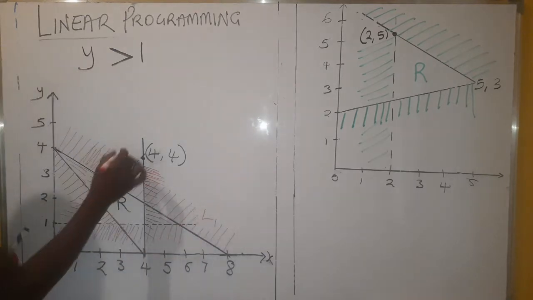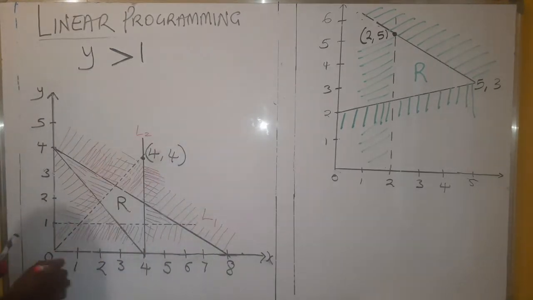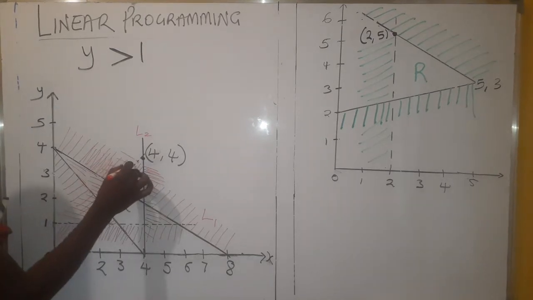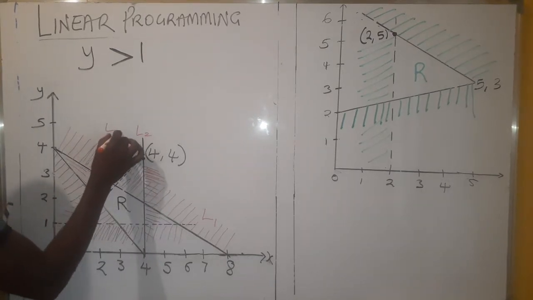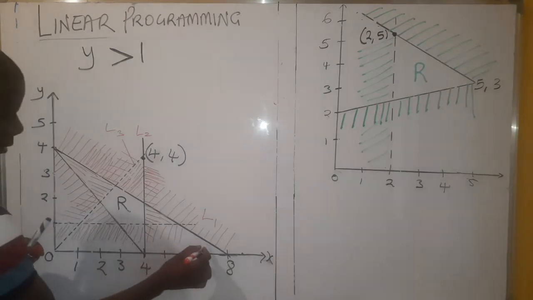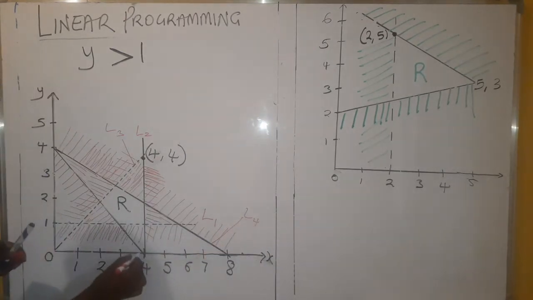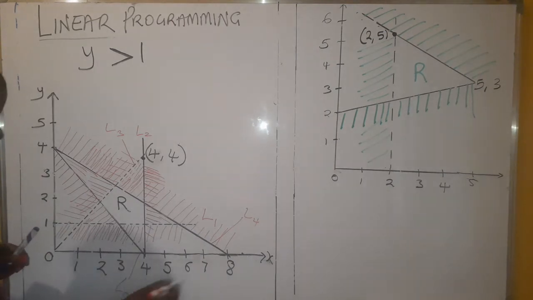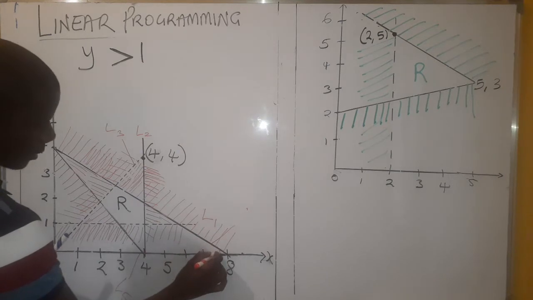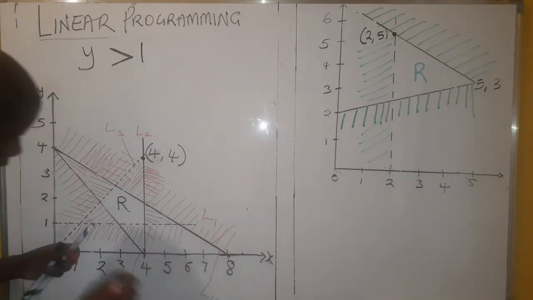This one we call L2, so that we see what we are doing. Then this one here I'm going to call L3. Then this one L4, and then this one L5.